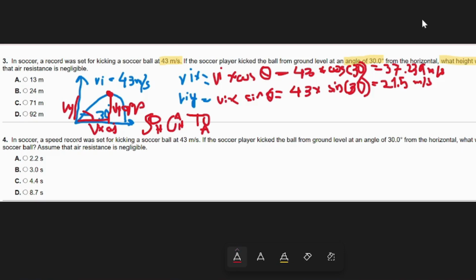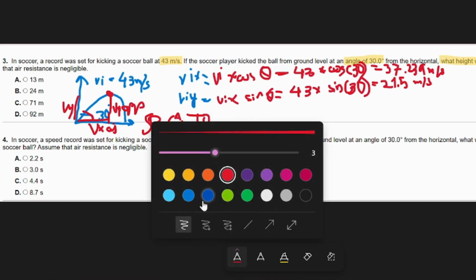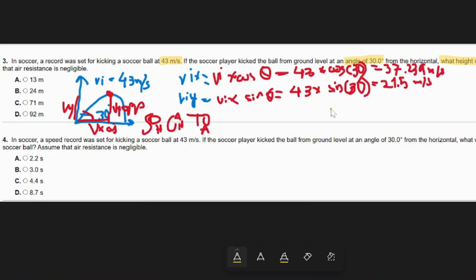So now we need to find the maximum height. From the list of kinematic equations, I can find that the one for height is very simple and quick.